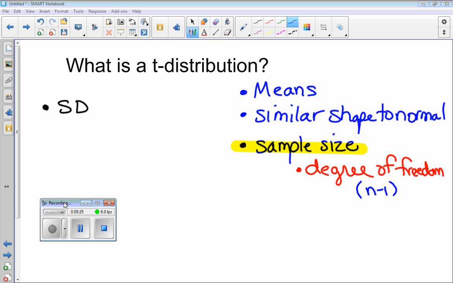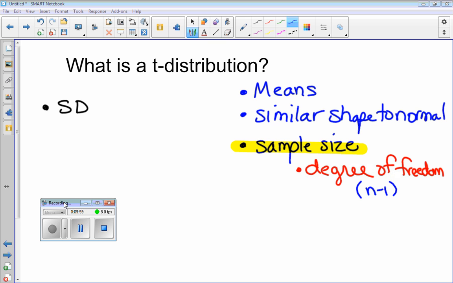So, keeping and looking at that, what else is degree of freedom necessary for us to be able to find? What else is necessary? The degree of freedom is necessary to find what?